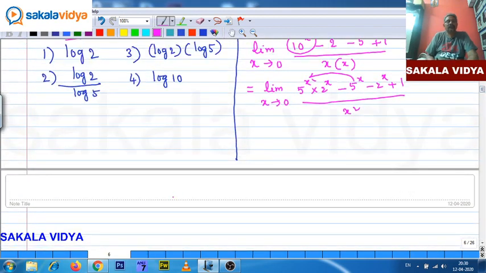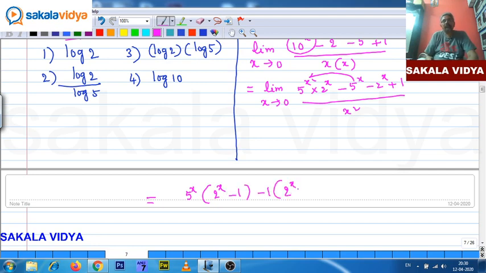So now this equals 5 power x common, we have 2 power x minus 1, and minus 1 common, 2 power x minus 1 upon x square, but the limit is x tends to 0.